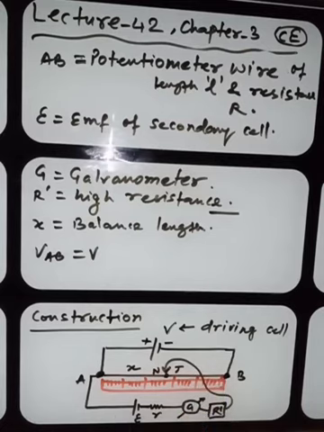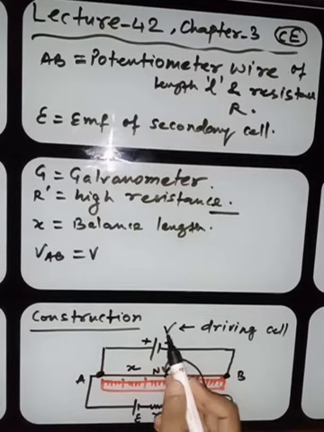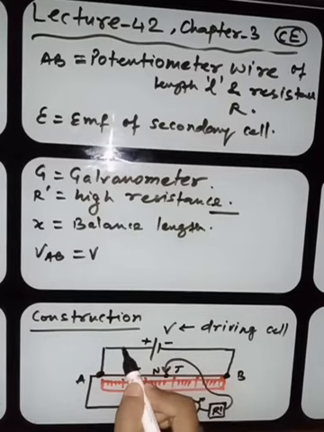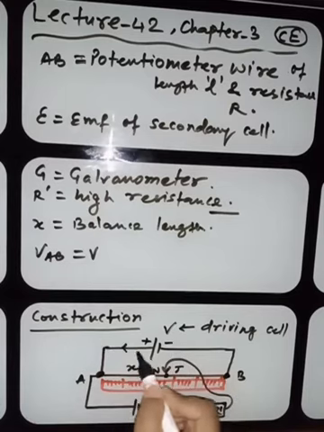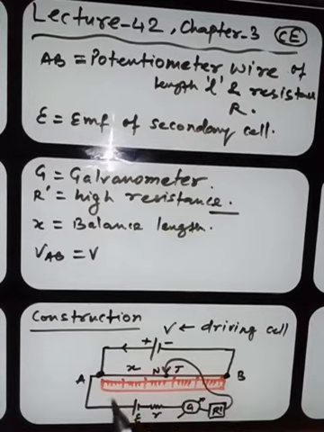So remember, this driving cell sends the current, and this current starts flowing. Look here, when the current reaches this point, it will not move to this section. Why? Because when the galvanometer shows current 0, it means current is not flowing through this circuit, and the total current goes in this circuit.